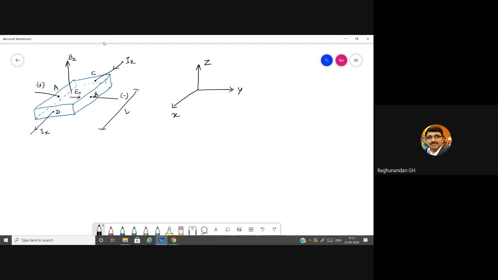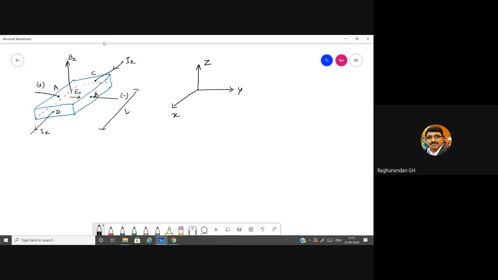Instead of moving straight, they take a curved path from C to D. The force experienced by the charges because of the magnetic field is known as Lorentz force. Because of that Lorentz force, charges accumulate at the A and B terminals. When you connect a voltmeter, you experience the potential difference, and that potential difference is the Hall voltage.